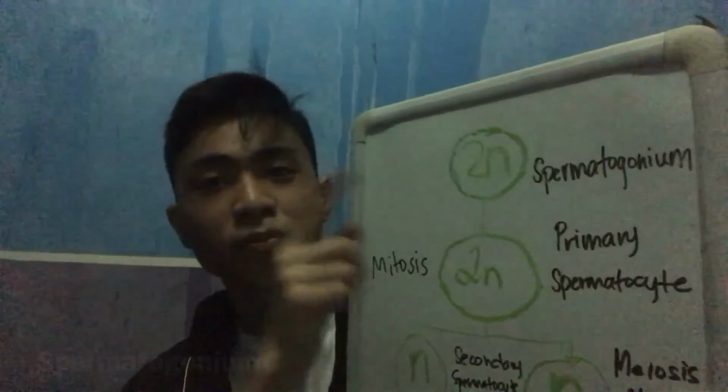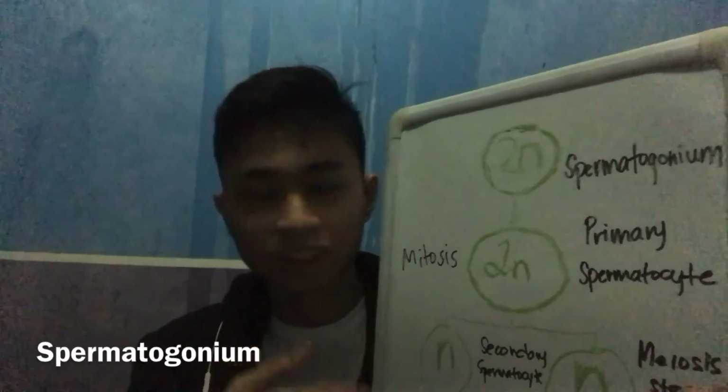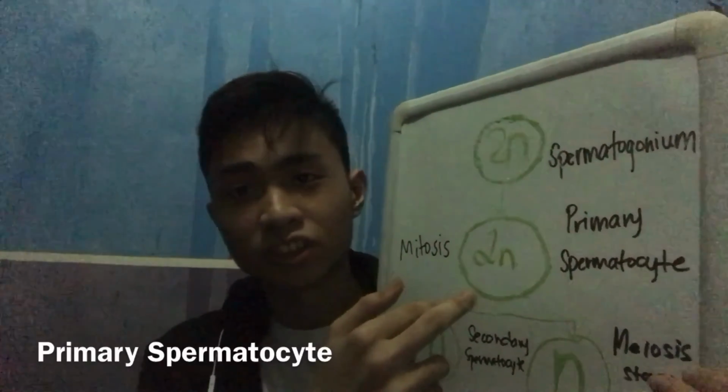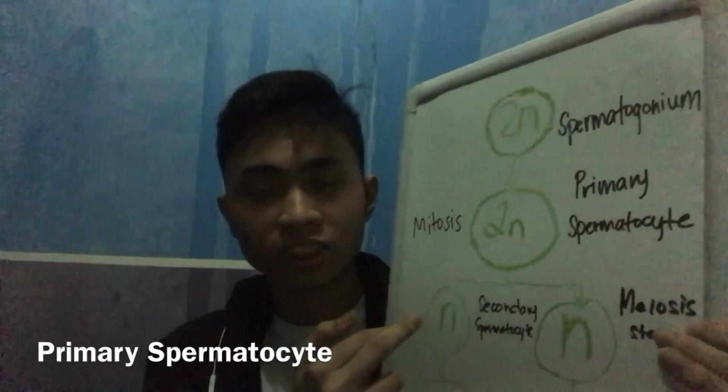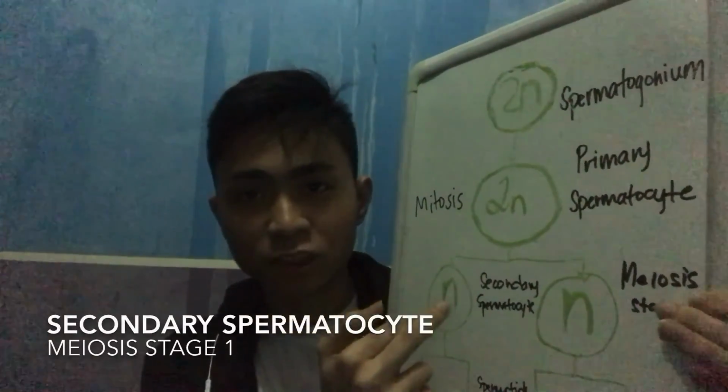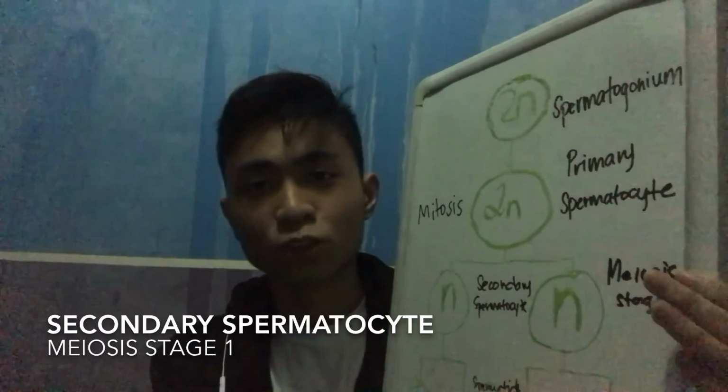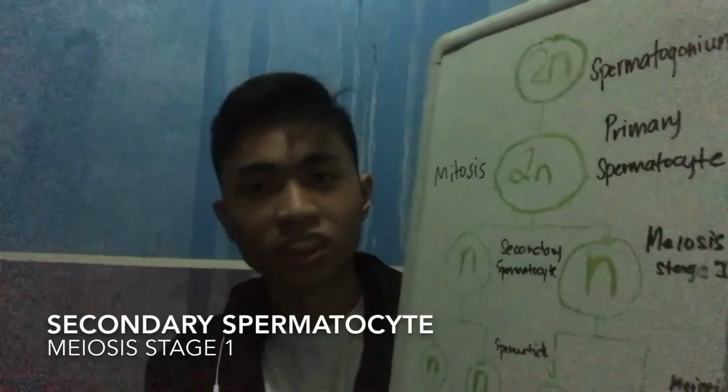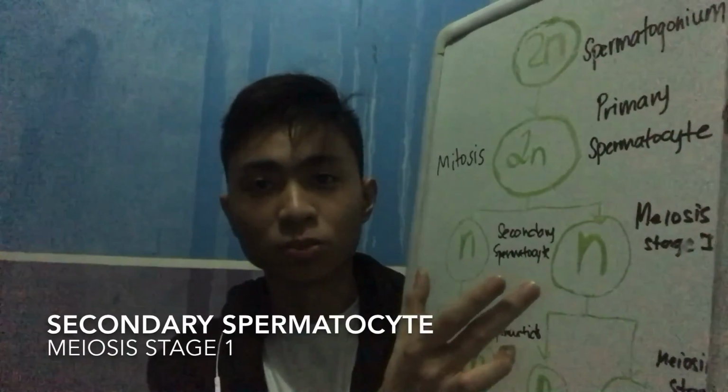Spermatogenesis starts with a spermatogonium, which is a diploid cell. It creates two primary spermatocytes through mitosis. Then each creates a secondary spermatocyte through meiosis stage 1, so there are two secondary spermatocytes.